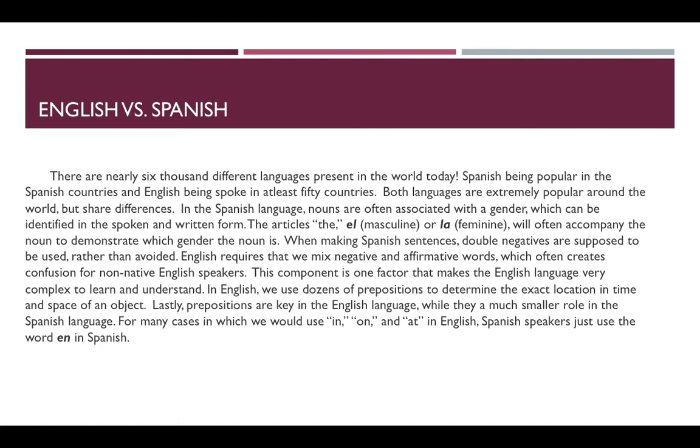Not with Spanish; they need those double negatives to not create confusion amongst the language. So the prepositions are not as important in the Spanish language as they are in the English language. So, for many cases in which we use in, on, and at in English, Spanish speakers would just use the word in.